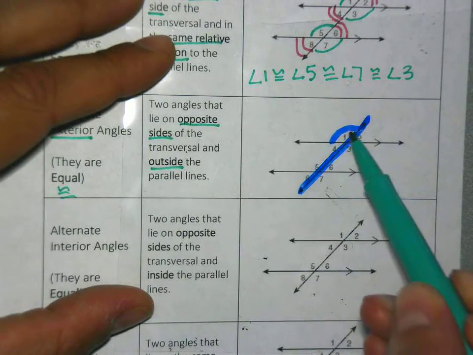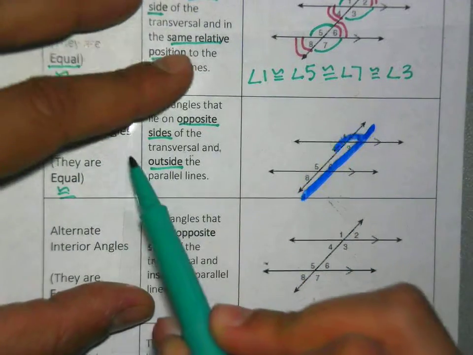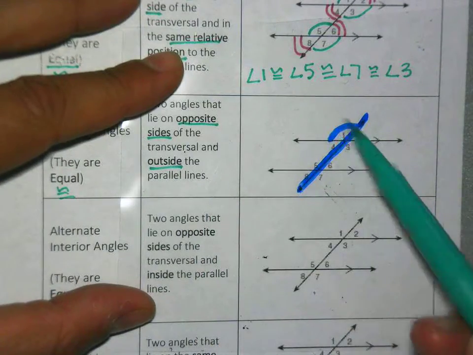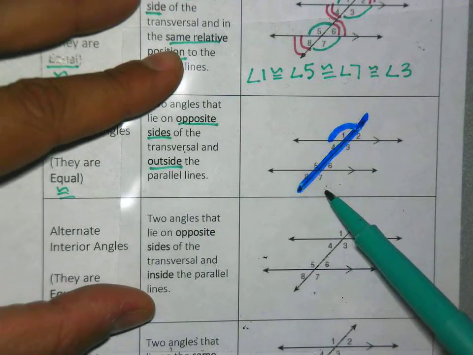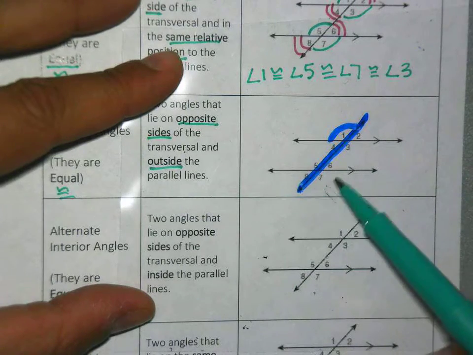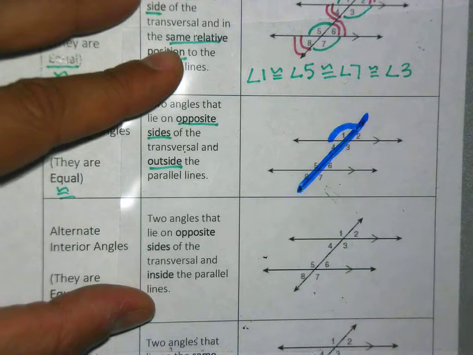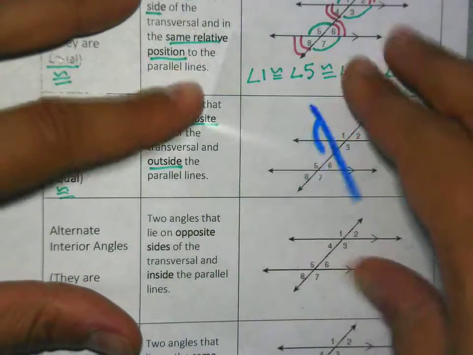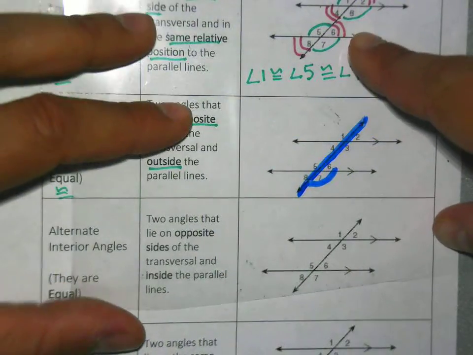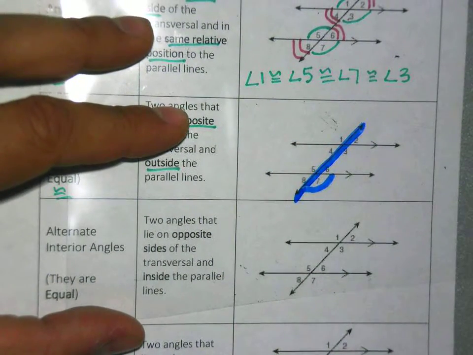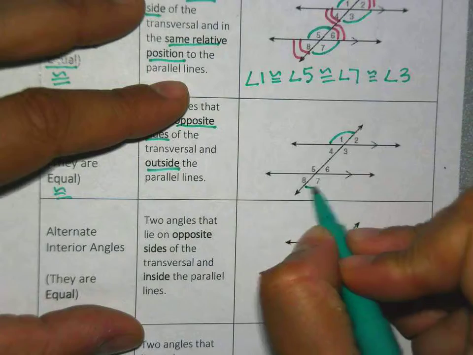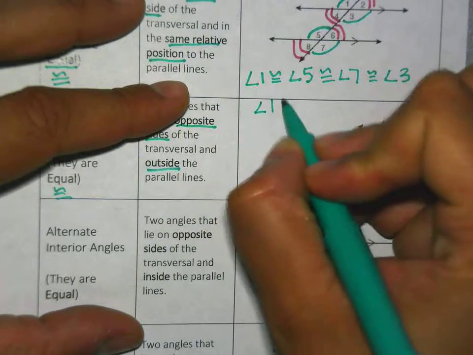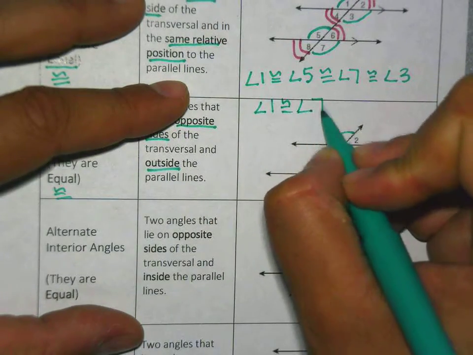So if I'm going to find the alternate exterior angle, that means I'm going to have to go to the other side of the transversal, also on the outside, which means I would end up at 7. So let's see if they're congruent by just twisting our transparency around. Yep, they are definitely congruent. So I'm therefore going to put one arc around 1 and one arc around 7. Angle 1 is congruent to angle 7.